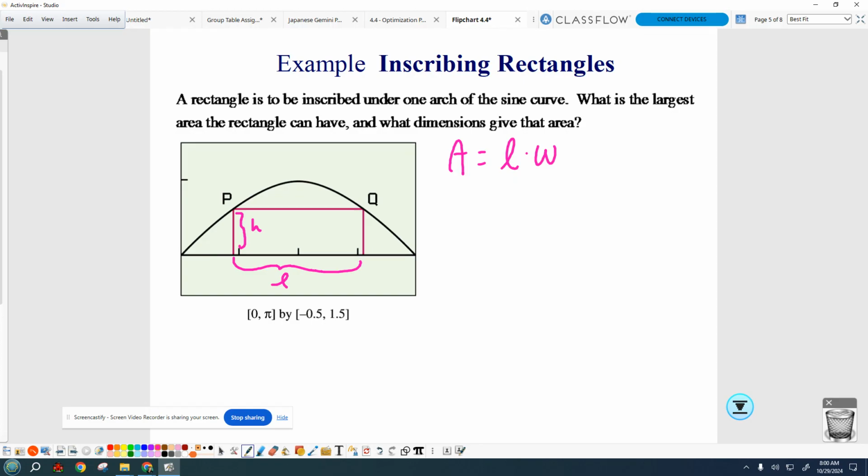Equation of the arch? It says sine. The arch.